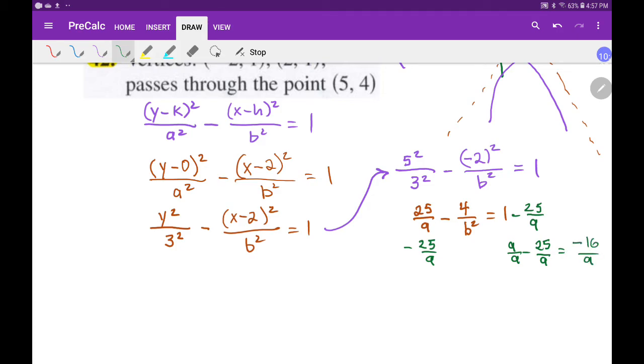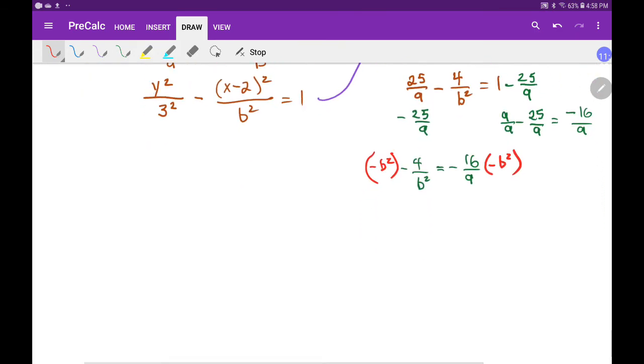I don't really like the b squared down there, so let me rewrite this: minus 4b squared over b squared is equal to negative 16 over 9. I'm going to multiply both sides by negative b squared, so I can get rid of that negative. We have 4 is equal to 16 over 9 b squared.